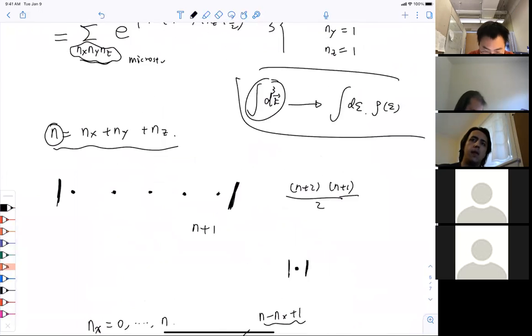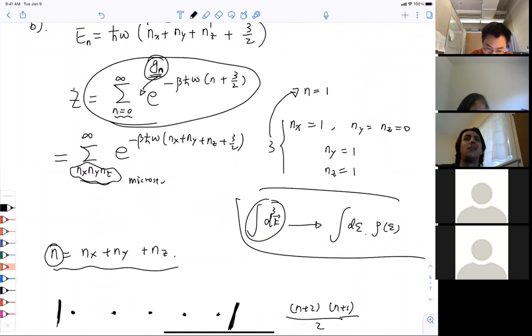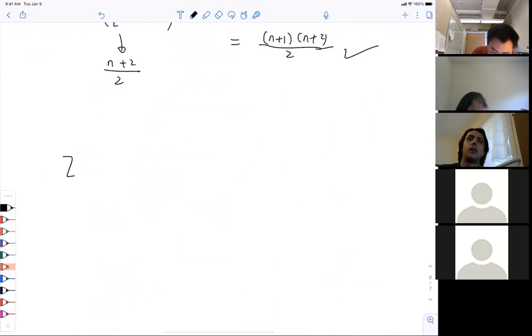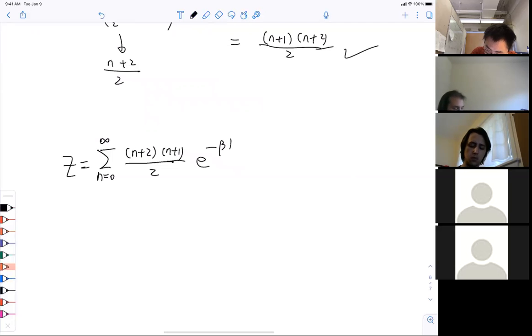Okay, so once we have the degeneracy, we just insert it here. So the sum we need to do is n equals 0 to infinity of (n plus 2)(n plus 1) exponential minus beta n.